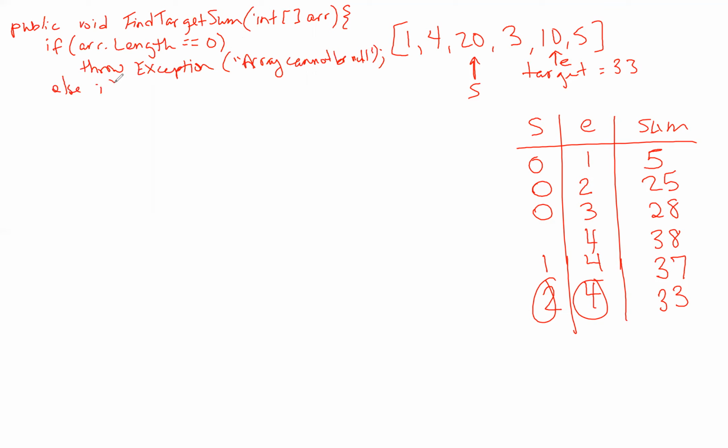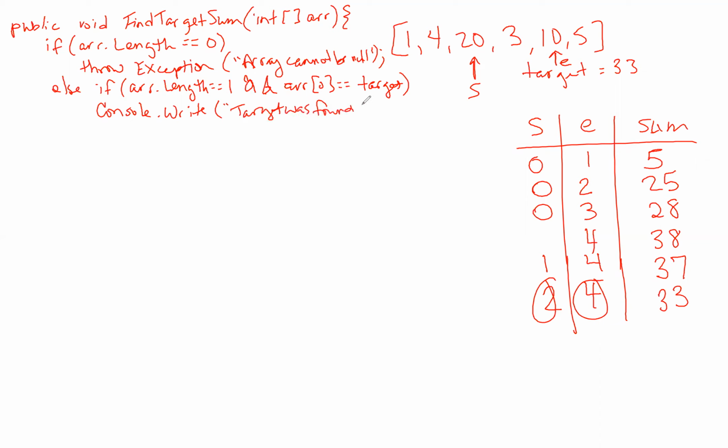Okay, else if the array length is 1 and the array at 0 is equal to target, then we're not returning, but we're going to write to the console, target was found at index 0.